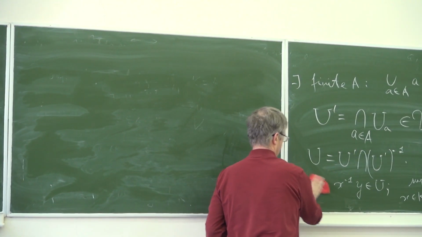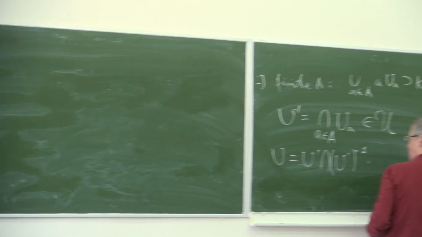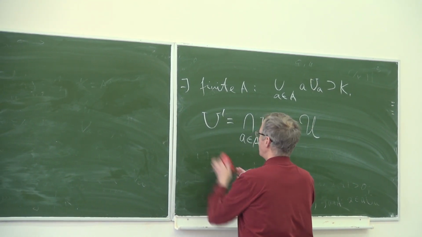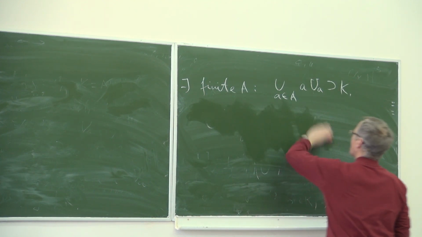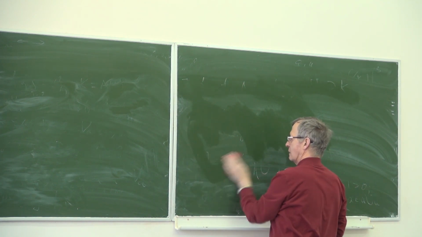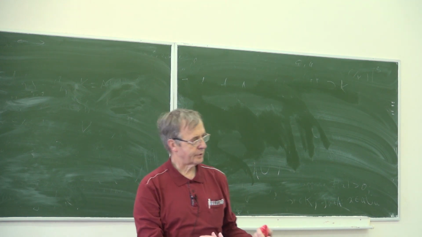Now, so finally we have proved the existence and the near uniqueness of a Haar measure, a left invariant Haar measure. Near uniqueness means that every two left invariant Haar measures are proportional with some positive constant.